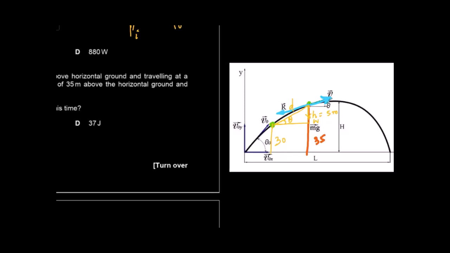So both forces tend to transfer energy from the projectile. So we can write change in kinetic energy is equal to work done by all the forces, the gravitational force and the resistive force by air.